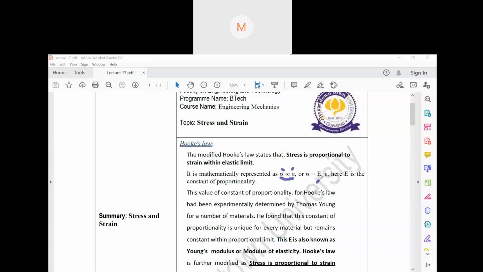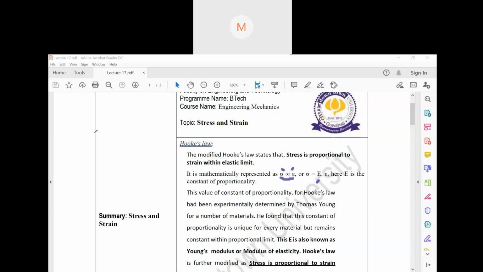Because these are proportional, in order to show that these are equal, we multiply with a constant of proportionality, which is known as Young's modulus.